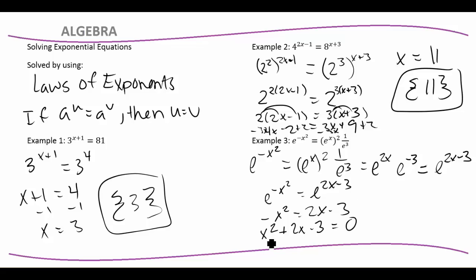We can factor this as x plus 3 times x minus 1. By the zero product property, x equals negative 3 or x equals 1. So our solution set for this example is negative 3, 1.